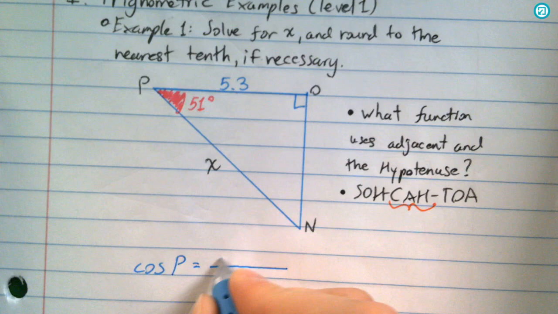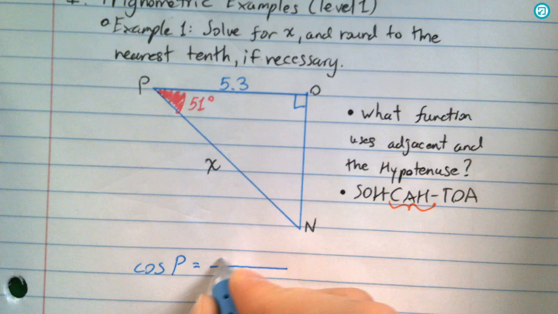Good, I like to hear the ahas here. All right. So it's going to be 5.3 over x. Plug in also what we know, which is the angle. So now we have the cosine of 51 equals 5.3 over x.